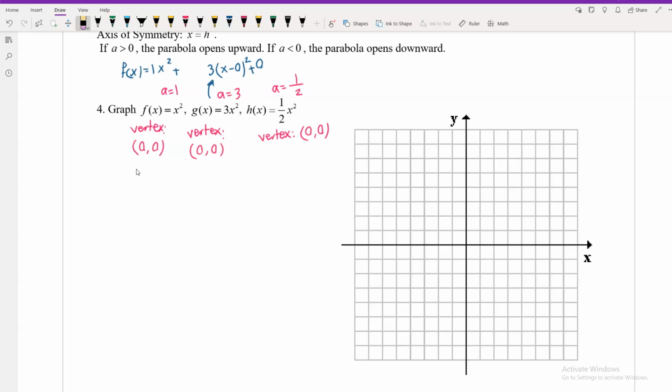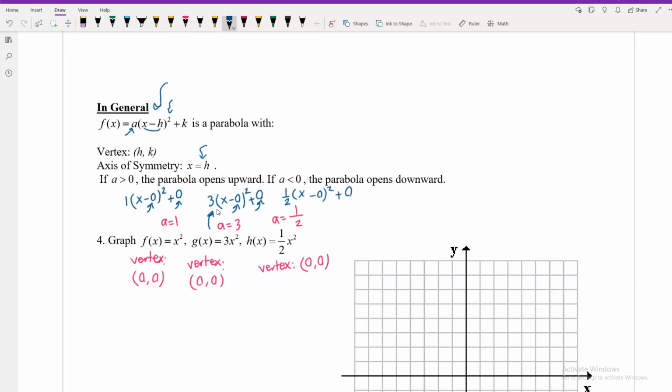And that is the same for this one. So I will write the same as what I did here. This is 1 times (x - 0)^2 plus 0. This is h, this is k. Same thing here, h, k. Now for this one we have 1/2 times (x - 0)^2 plus 0.